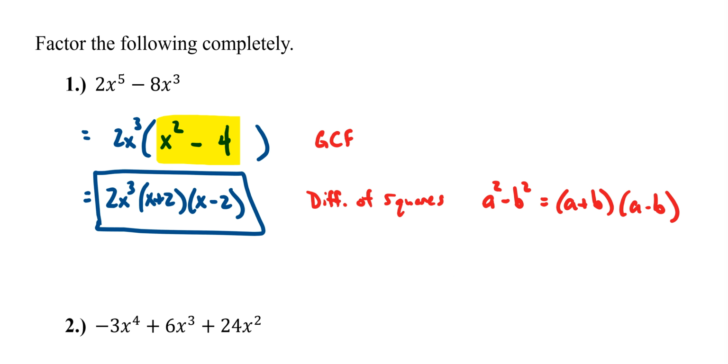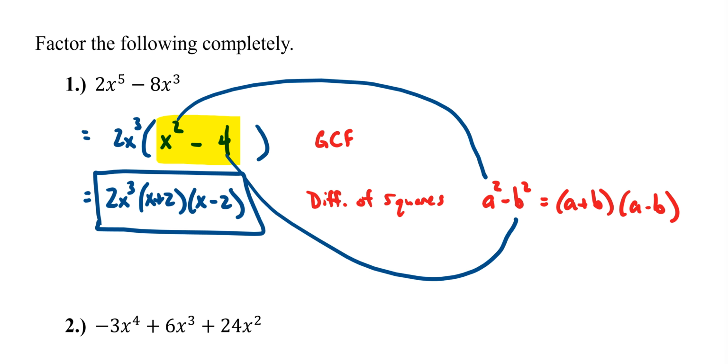So you just had to identify your a squared and your b squared, and essentially just take the square root of each of them. The square root of x squared is x, the square root of 4 is 2, and set it up as x plus 2 times x minus 2.